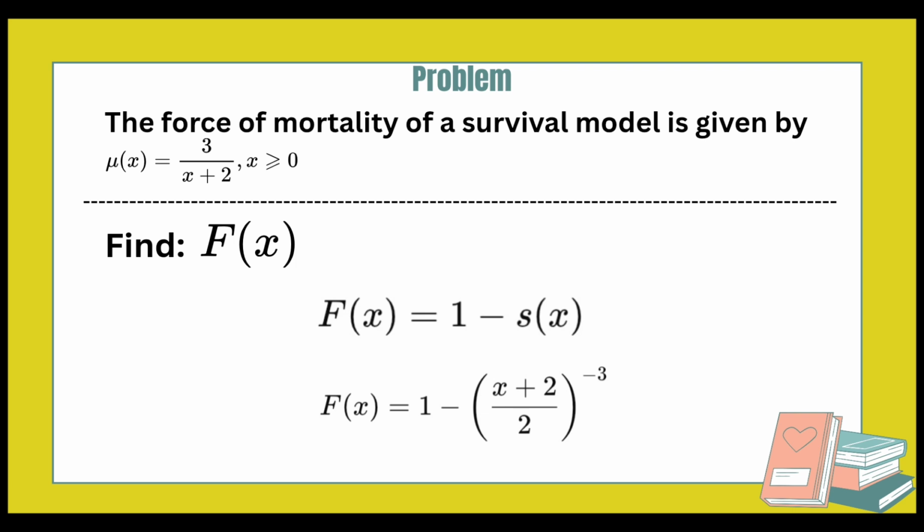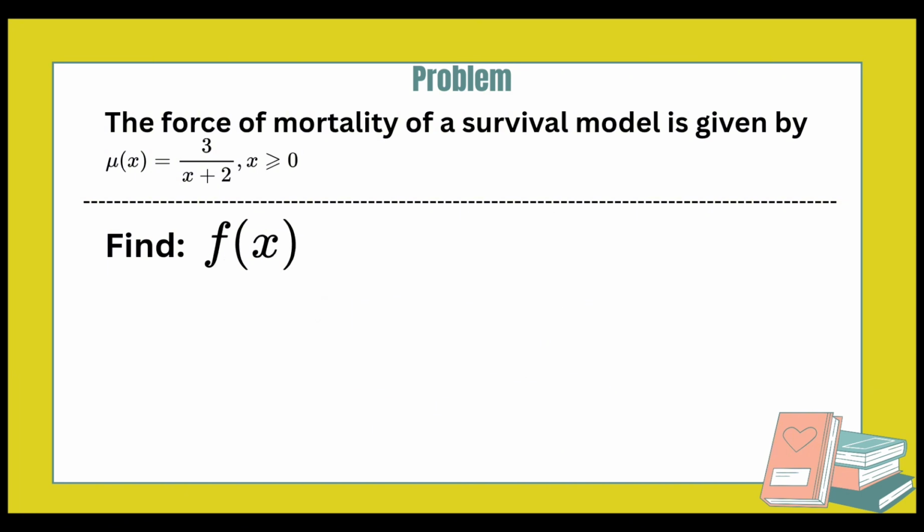The probability of dying before age x increases over time and approaches 1 as x goes to infinity. So there you can see how we come up with our results.